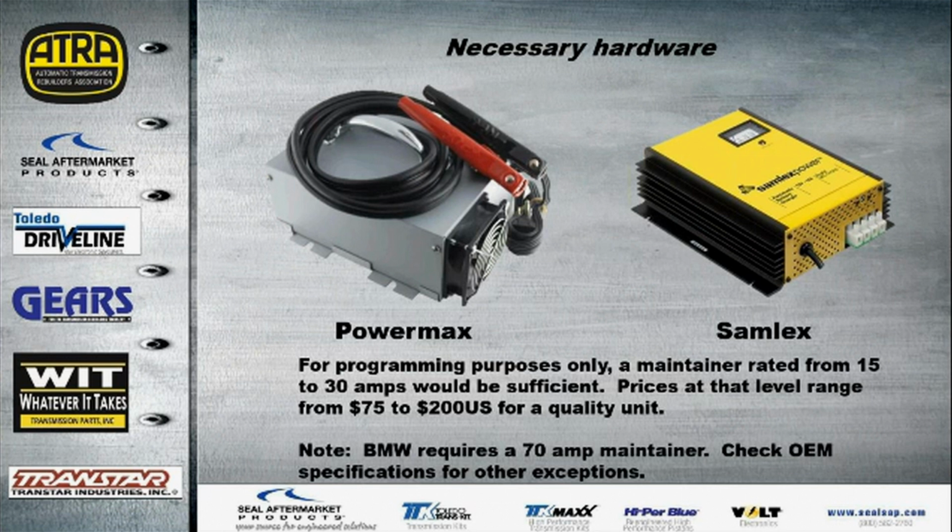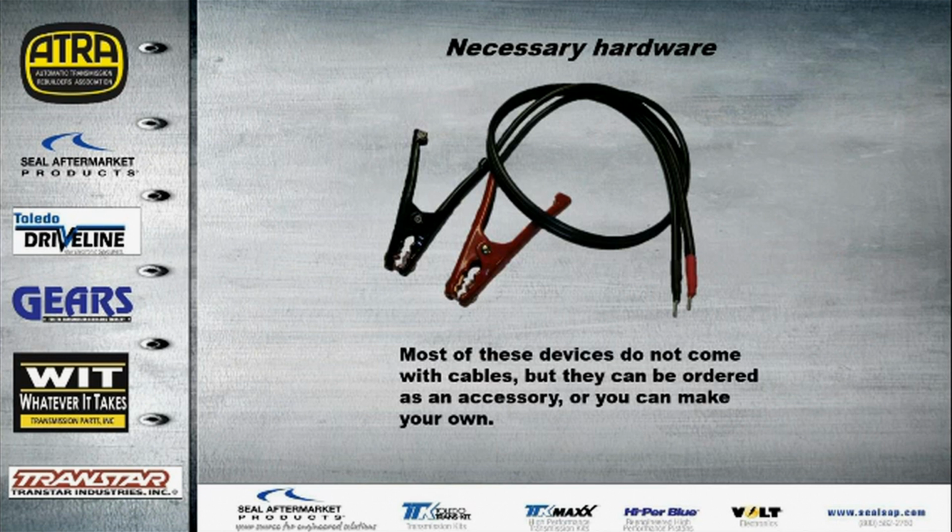Now, one notation to make: some OEM manufacturers, and I'm specifying BMW, require a little bit more juice. BMW says you need a minimum of a 70 amp maintainer to provide an ample supply for the programming process. So again, we want to check the OEM website in case there are any additional exceptions that I might not have seen.